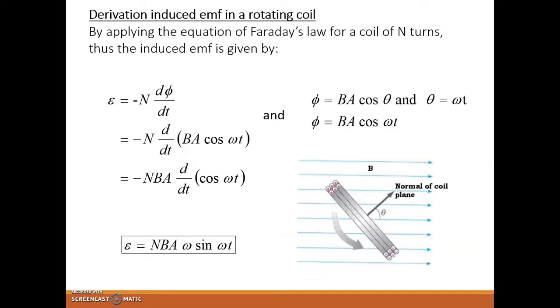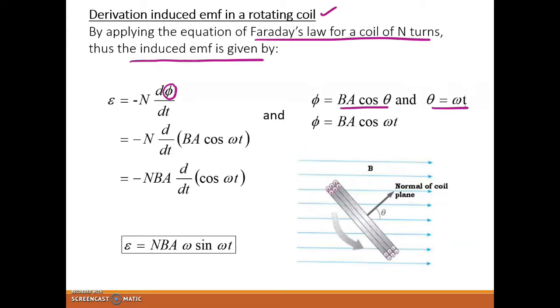So this is the derivation of induced EMF for the rotating coil, by applying Faraday's law for N turns. Thus, the induced EMF is given by EMF equal to negative N d flux over dt, where flux is equal to BA cos theta and theta is equal to omega t.